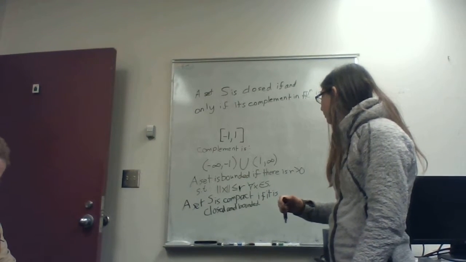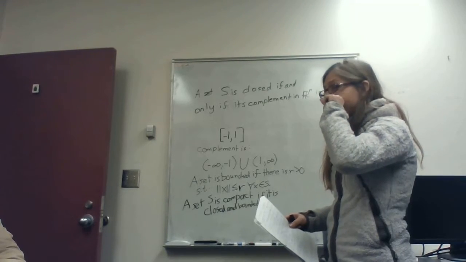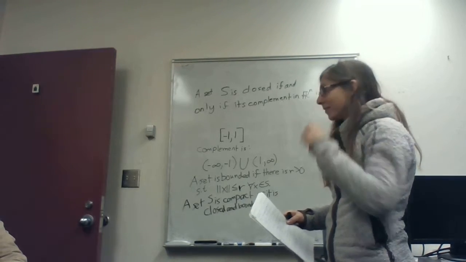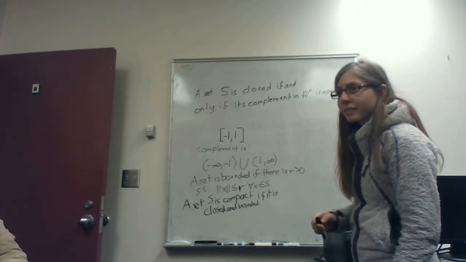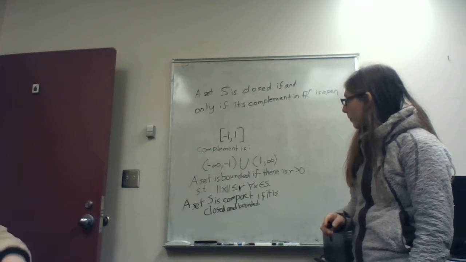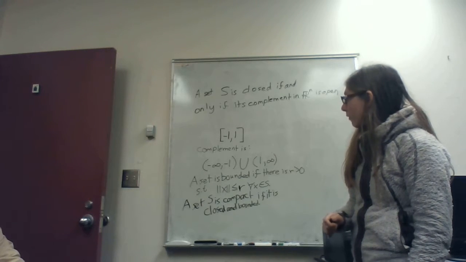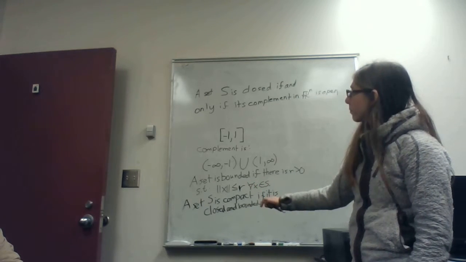Sorry, did I look this up last time or didn't I? I think we didn't look at this point. I think we thought a compact set is also closed. So yes, definitely a compact set is closed. It has to be closed and bounded.